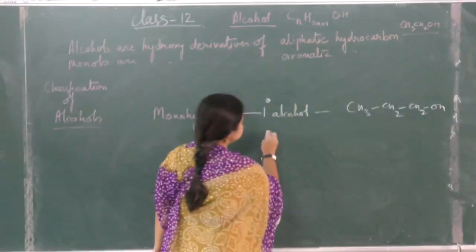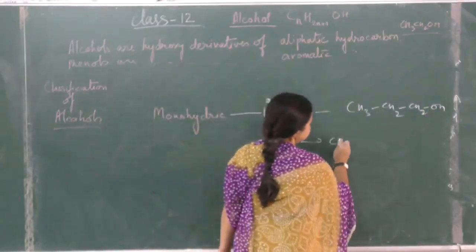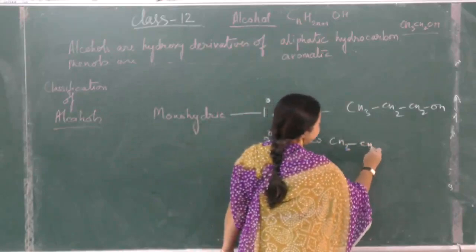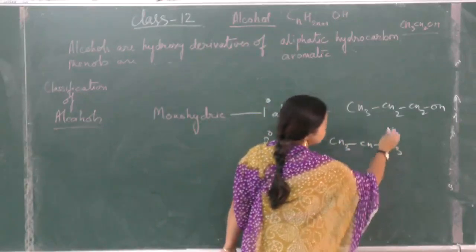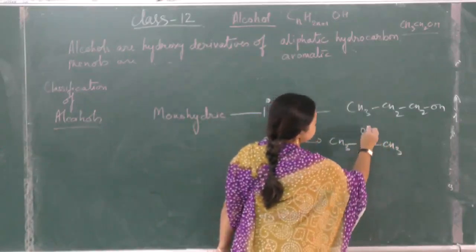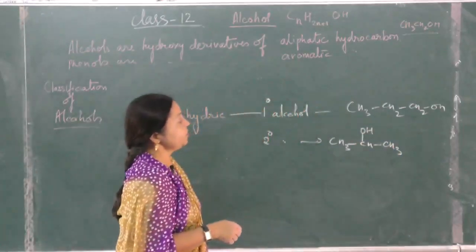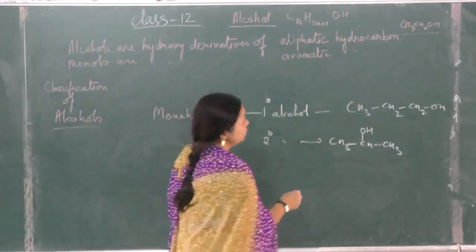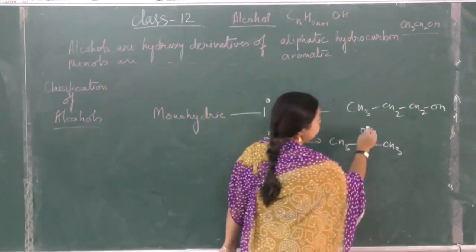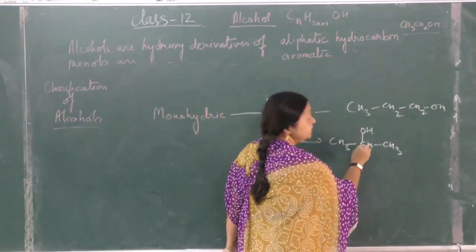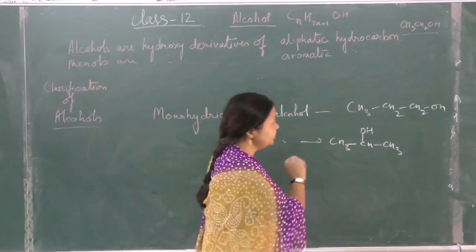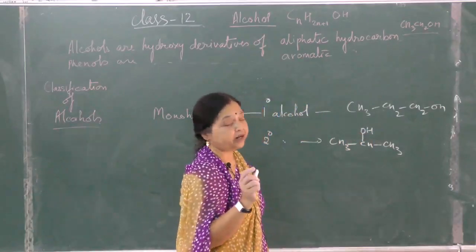Secondary alcohol is like CH3CHOHCH3. See, the molecular formula is the same; these are isomers. This OH is attached to a carbon atom which is in the chain, that is, a secondary carbon atom.